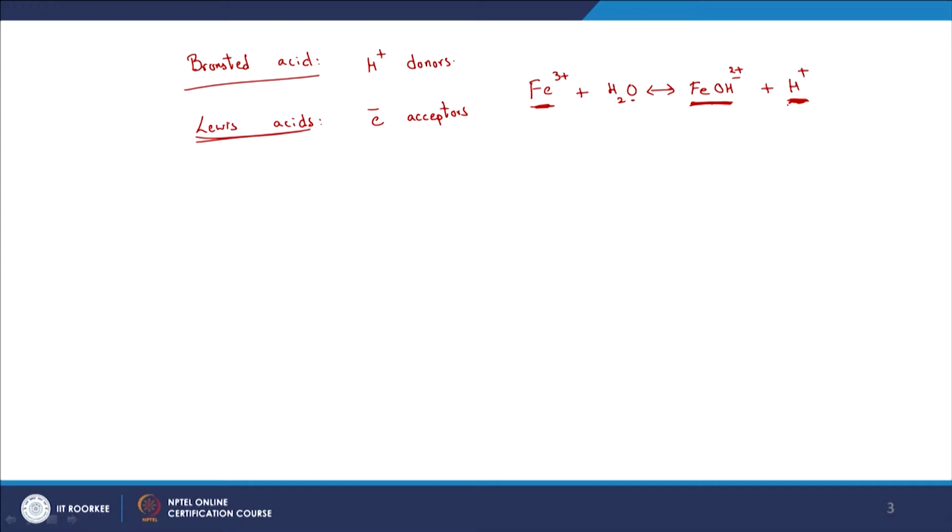So the example we have here is Fe3 plus addition to water. Fe3 plus is electron poor and oxygen is electron rich, so it accepts the electron, for your understanding, and forms the complex FeOH with the 2 plus charge, in the process releasing H plus. This is one particular example that we look at.